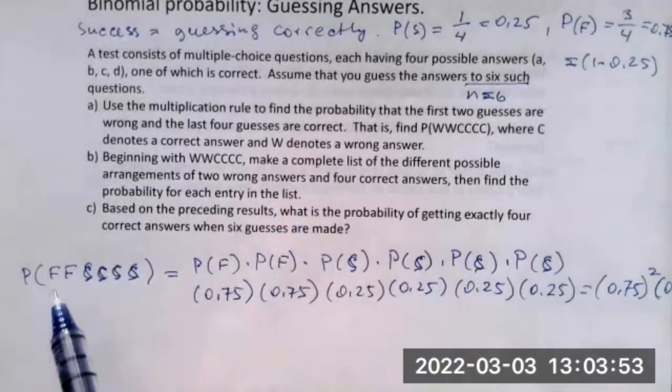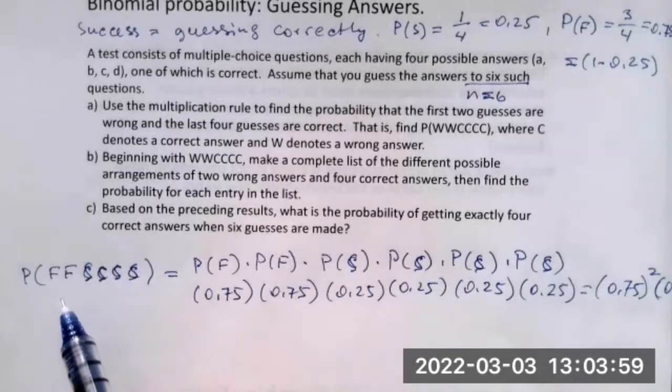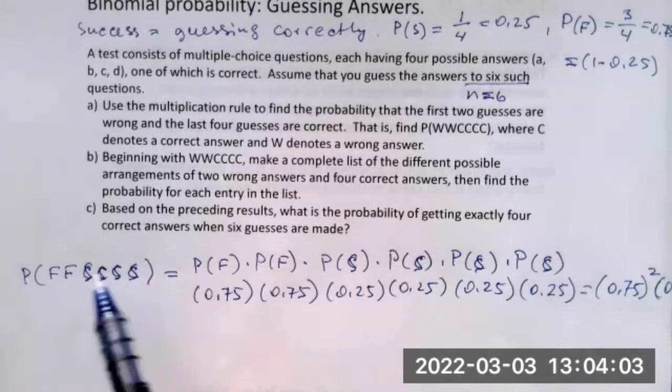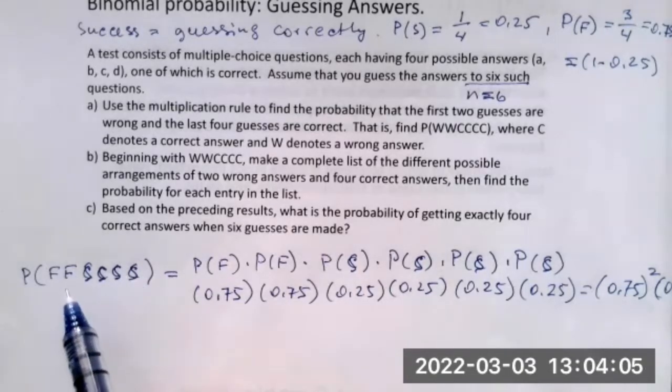So in other words, they're asking, in how many ways can we get 2 wrong answers and 4 correct answers? Is it only the first 2 can be wrong, or the wrong answers could be anywhere? Like if the final result is 2 wrong and 4 correct, how many ways can we get that result?